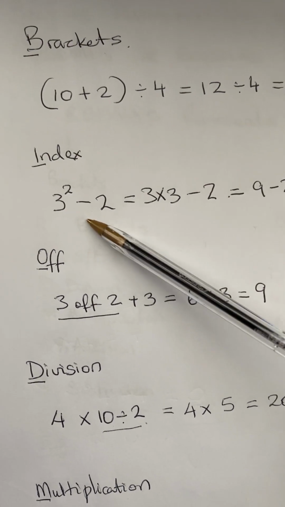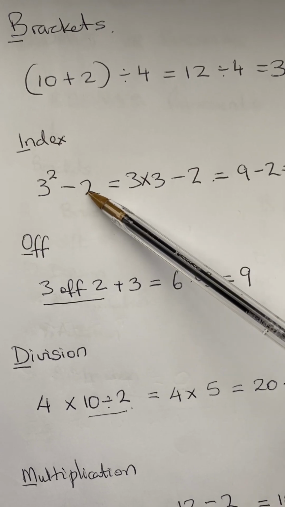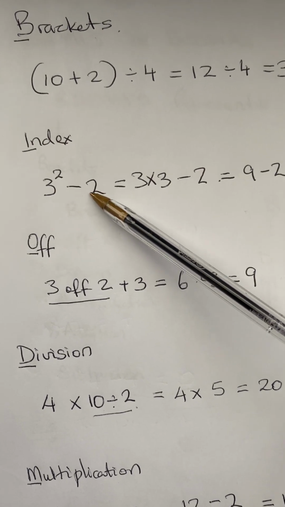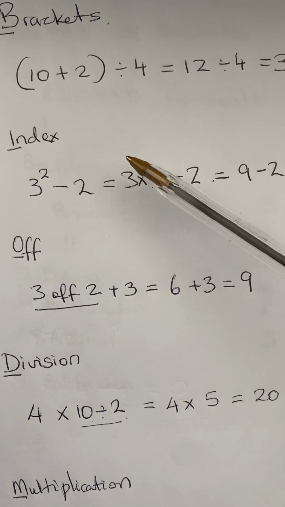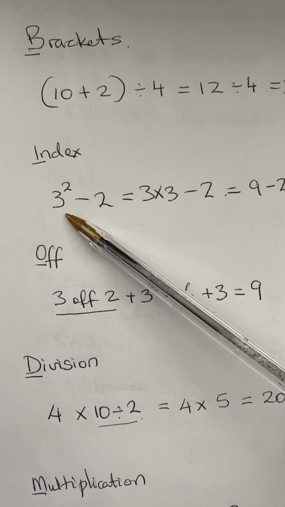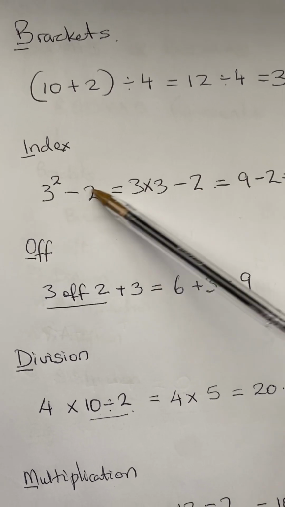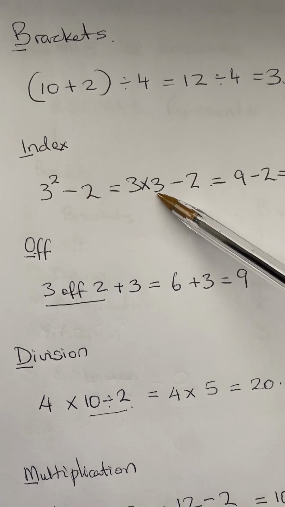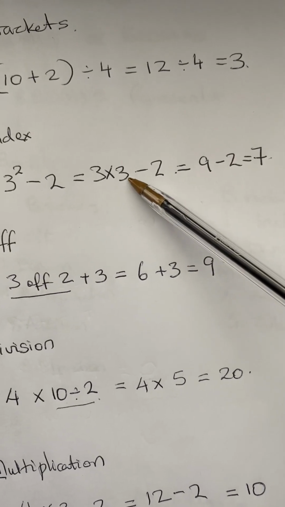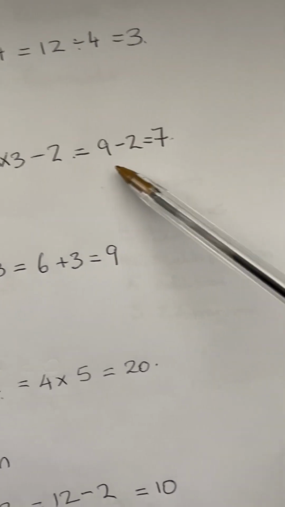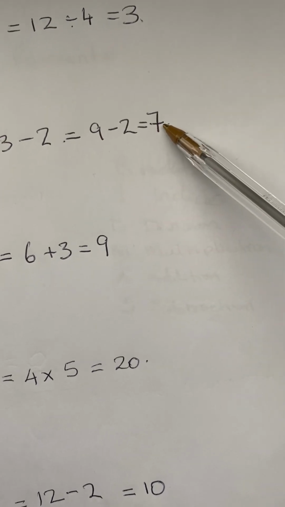So if you look at this equation, you are going to do the indices part first before you do the subtraction. Otherwise, you'll not be able to solve it. So the indices part is 3 to the power 2, which is 3 times 3, which is 9. Then minus 2. So you have 9 minus 2, and it's 7.